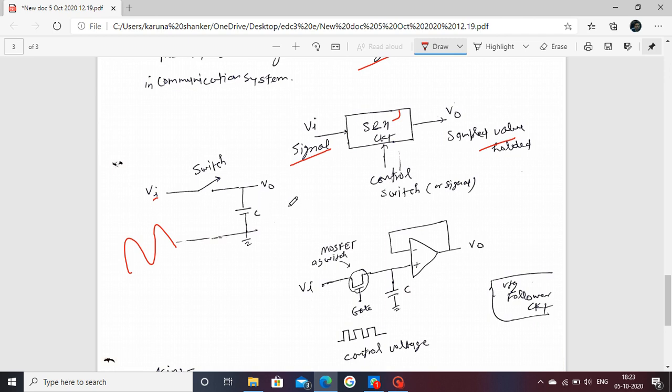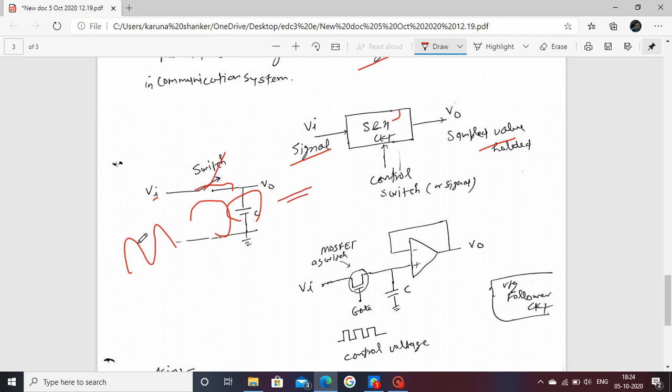And this is the capacitor. When the switch is closed, a closed path is formed and the capacitor is charged according to the input voltage. When the switch is open, the capacitor is not charged, and whatever voltage is sustained in the capacitor is obtained at the output side.